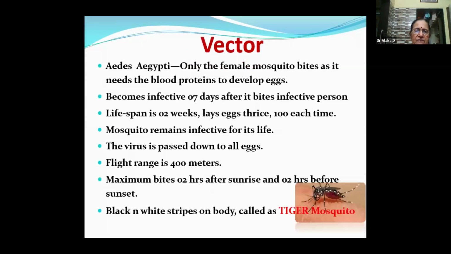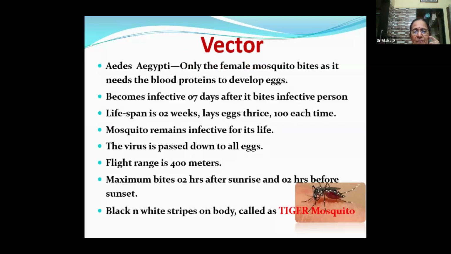What is the vector? Vector is Aedes aegypti. Only the female mosquito bites as it needs the blood proteins to develop eggs. The mosquito becomes infective 7 days after it bites an infected person. The lifespan of this is 2 weeks. Lifespan of what?